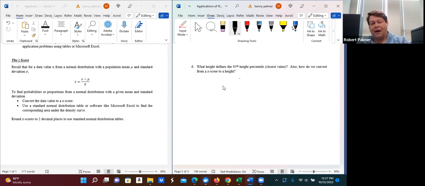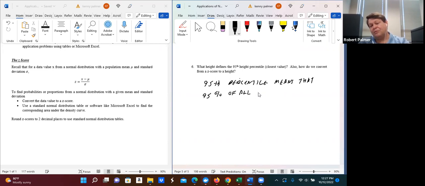Remember, 95th percentile means that 95% of all values are at or below that value.